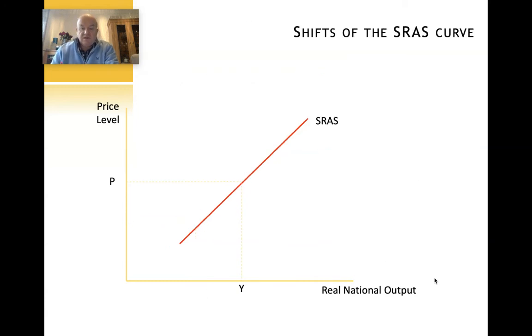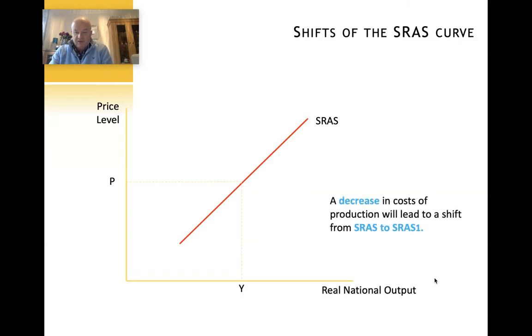Okay, so let's take a look at a shift in the SRAS curve. Same sort of principle again, where if we have a decrease in costs of production. More often than not, a shift rather than a movement along the SRAS curve is going to be caused by a change in cost of production.